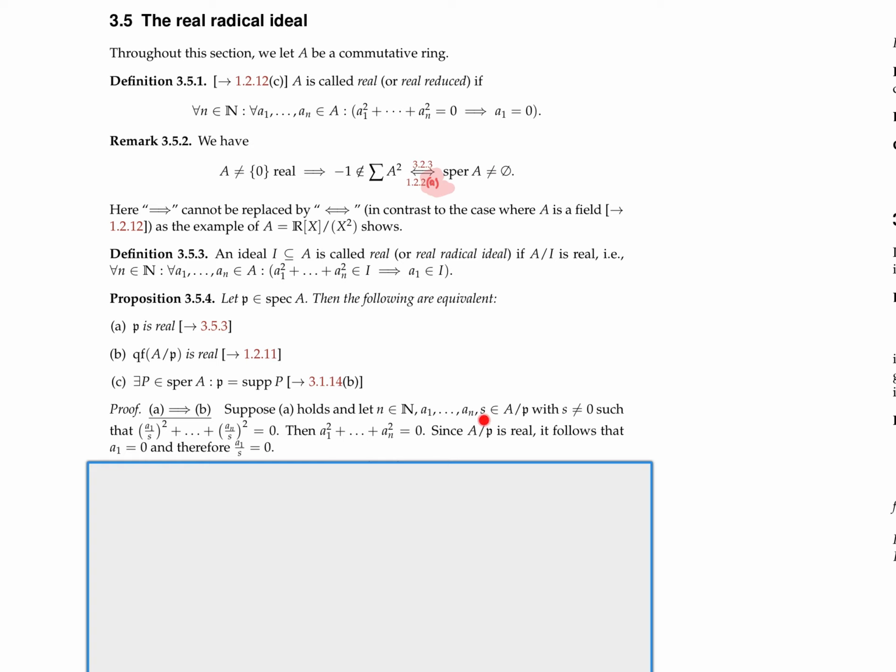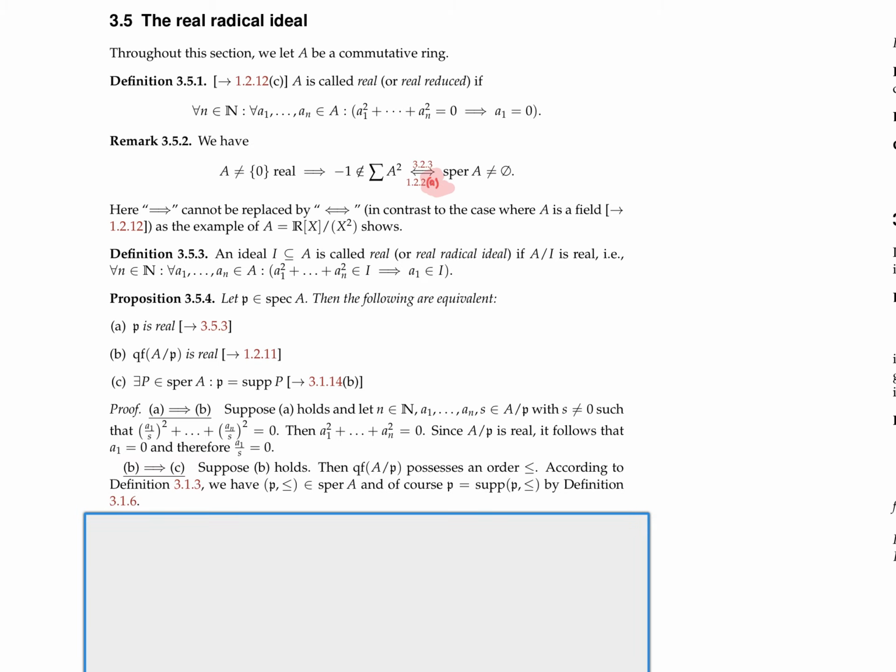So I take the same denominator S to make it a little bit easier. S should be non-zero. So I take the sum of squares of these fractions in this quotient field. And I can clear denominators, so I multiply with S squared. When I get that this sum of squares is 0, since A mod P is real, it follows that a1 is 0, and therefore a1 over S is 0. So that was very easy.